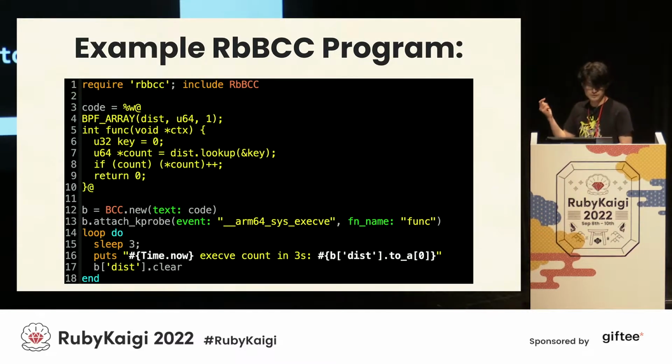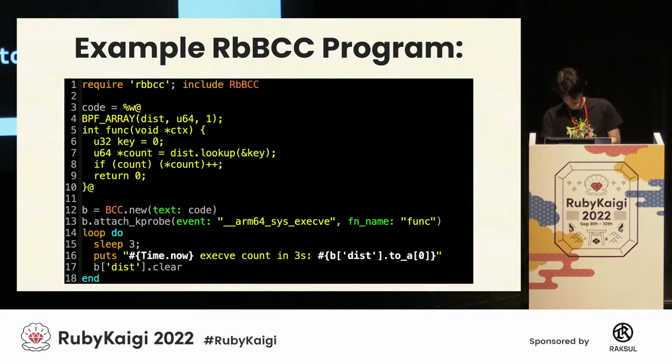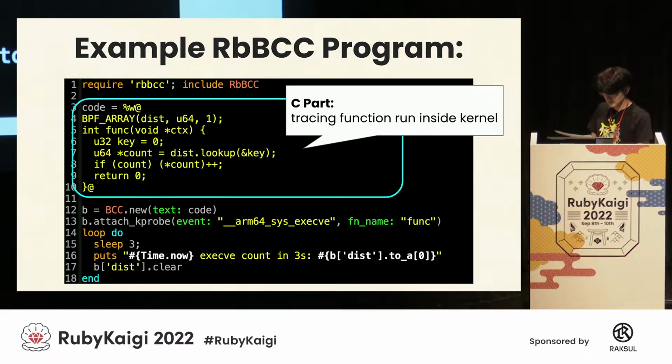This short Ruby code is an example of using RbBCC to trace sys_execve calls. In writing RbBCC code, there is a C part in it.